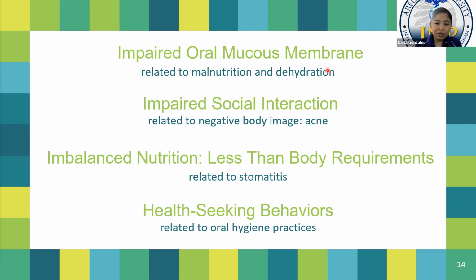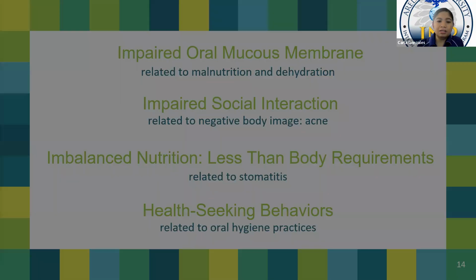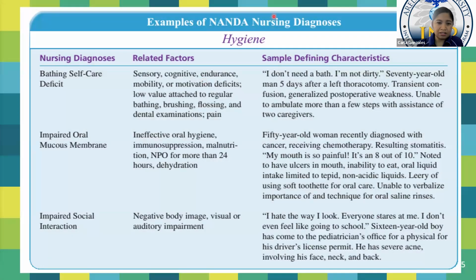And then impaired social interaction could be related to disturbed body image. So you see the connection of all those diagnoses to those assessments. And then imbalanced nutrition, if you're able to assess for stomatitis, and then health-seeking behaviors. In your book, you can read about these examples as well as the additional related factors.